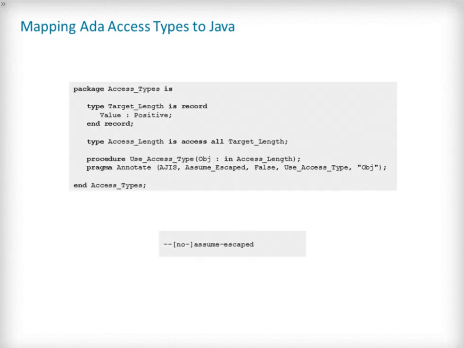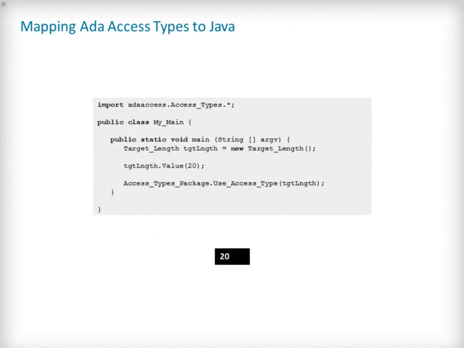With this in mind, the Ada to Java tool can globally apply this identifier by using the following command line option. This will either enable or disable checks for the object ownership. If we regenerate our binding with the pragma annotate applied, we get the following output when our Java main program is executed.